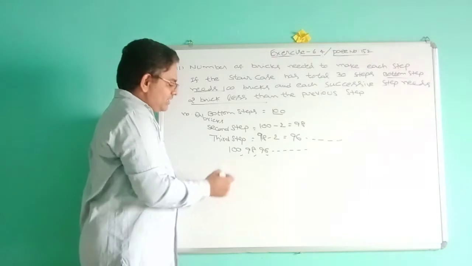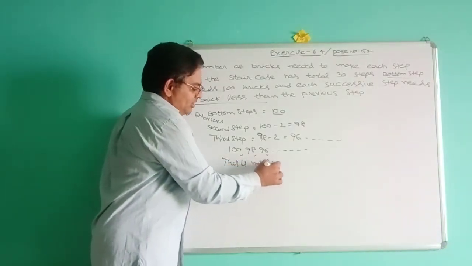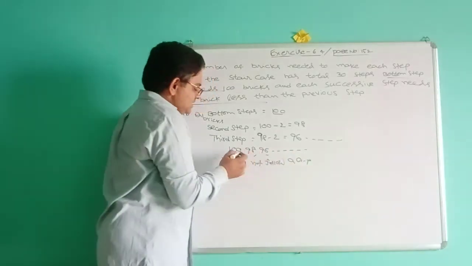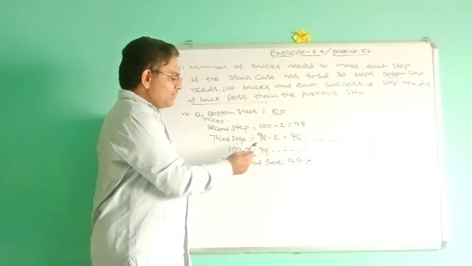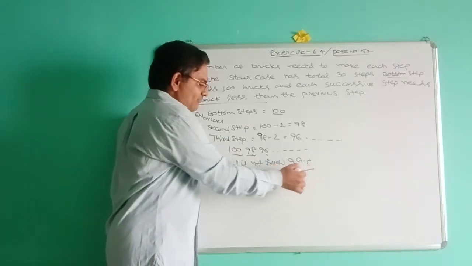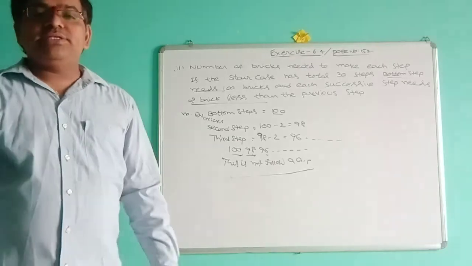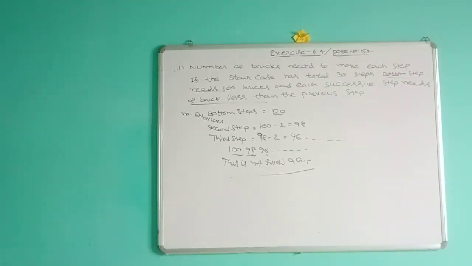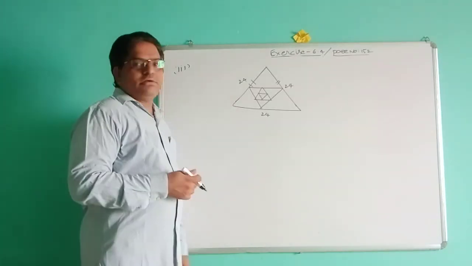Here you observe that this does not follow a GP, because second term by first term is not equal to third term by second term. So this situation is not in the form of a GP. That is the second situation. Now see the third problem.